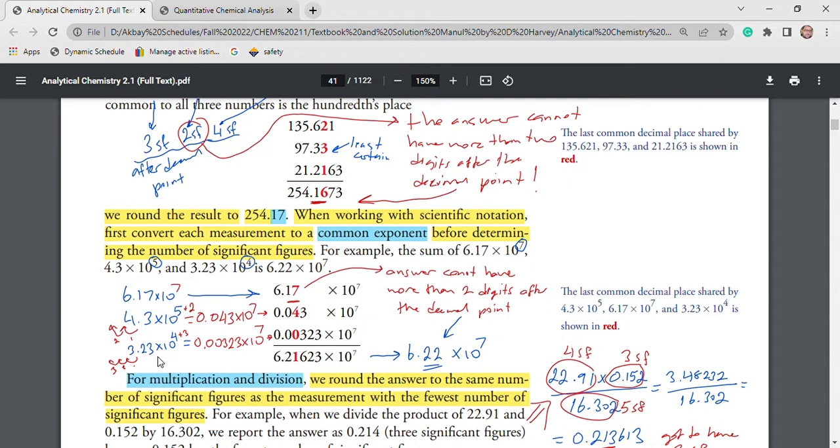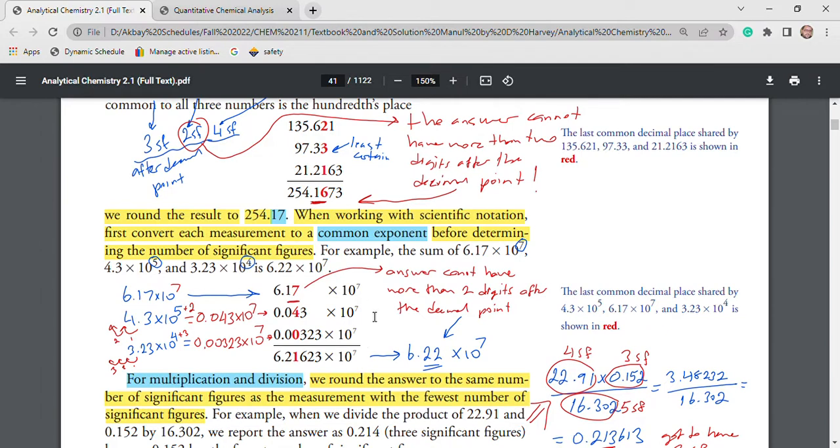Once the exponents are the same, as you see here, then you can add the numbers. Look at the numbers here: 6.17 has 2 digits after the decimal point, and the other has 3, so our answer cannot have more than 2 decimal places. When you add them up, your calculator will give you 6.2163 times 10 to the 7th.